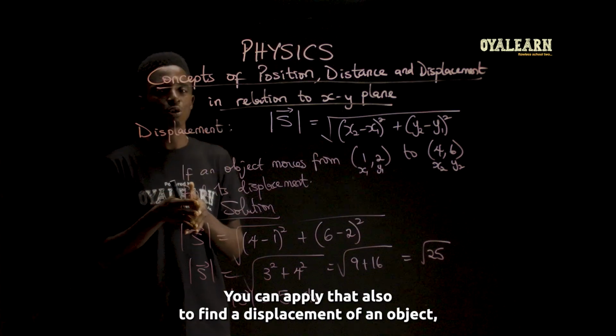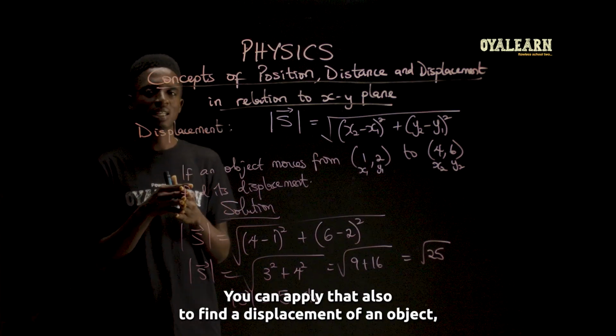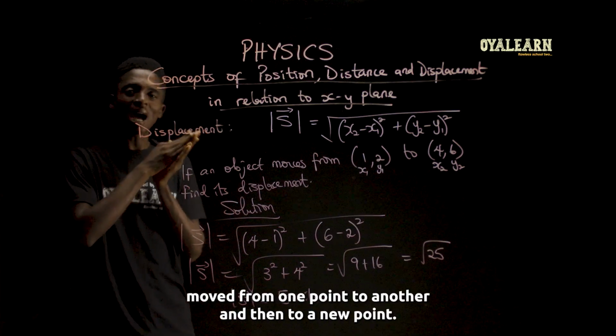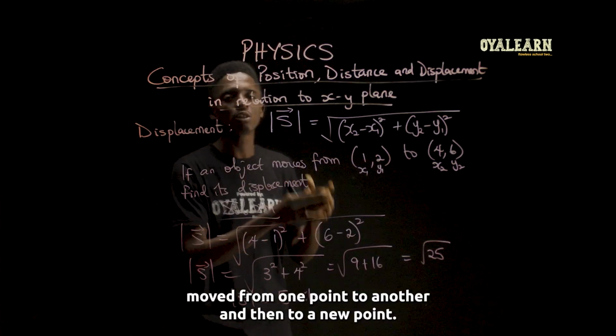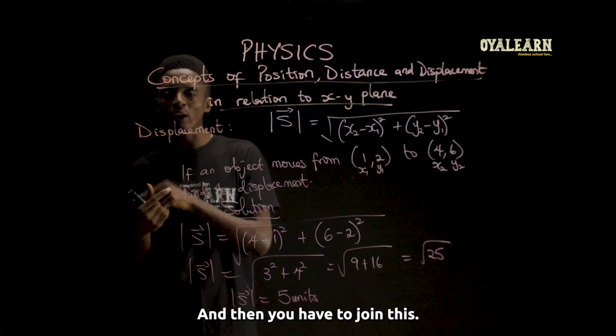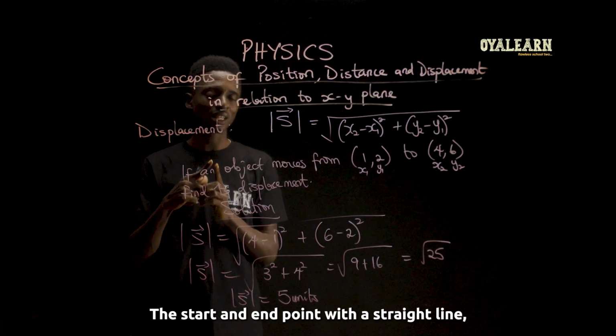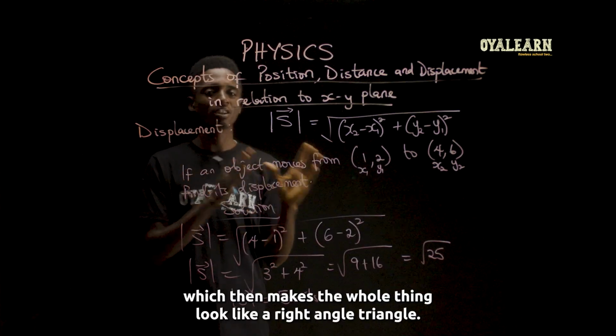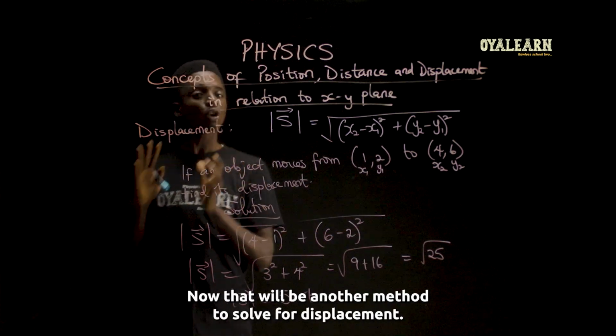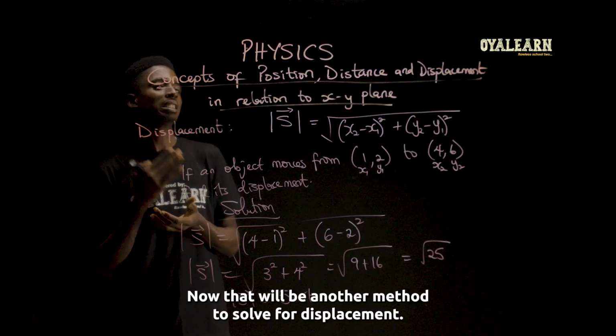You can apply that also to find the displacement of an object, especially when you are told that the object moved from one point to another and then to a new point. Then you join the start and end point with a straight line, which makes the whole thing look like a right angle triangle. That will be another method to solve for displacement.